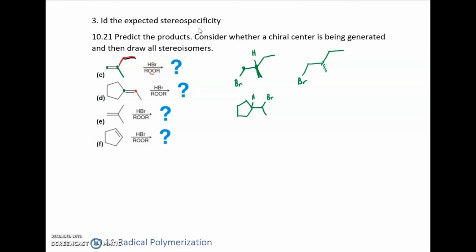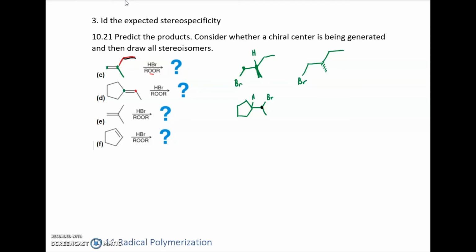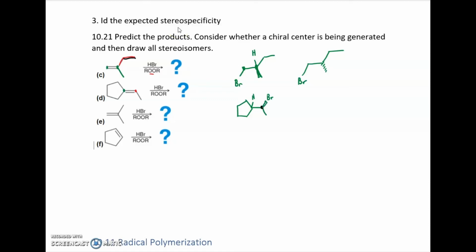And in fact we have. We have a chiral center right here. We'll make it black. We've got four different groups attached there. So we're going to need to draw one where the bromine is coming toward us, and we'll have to draw a second figure where the bromine is going away.